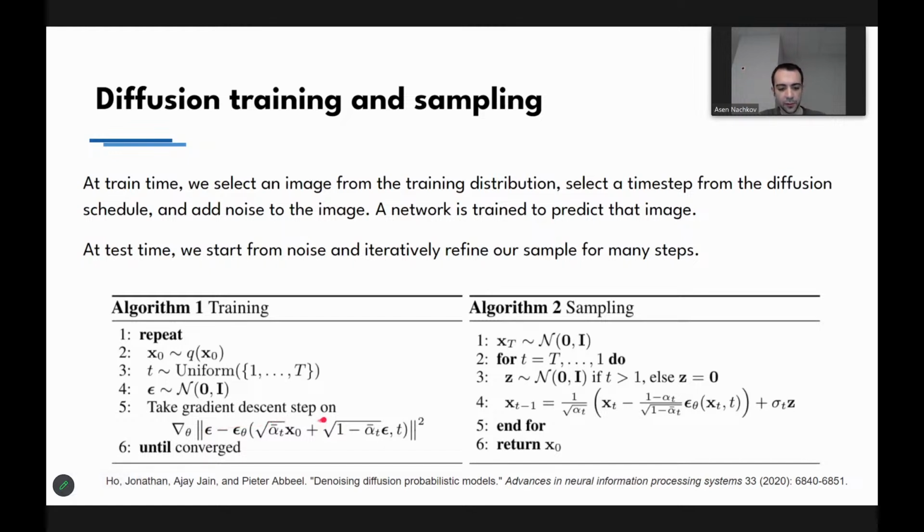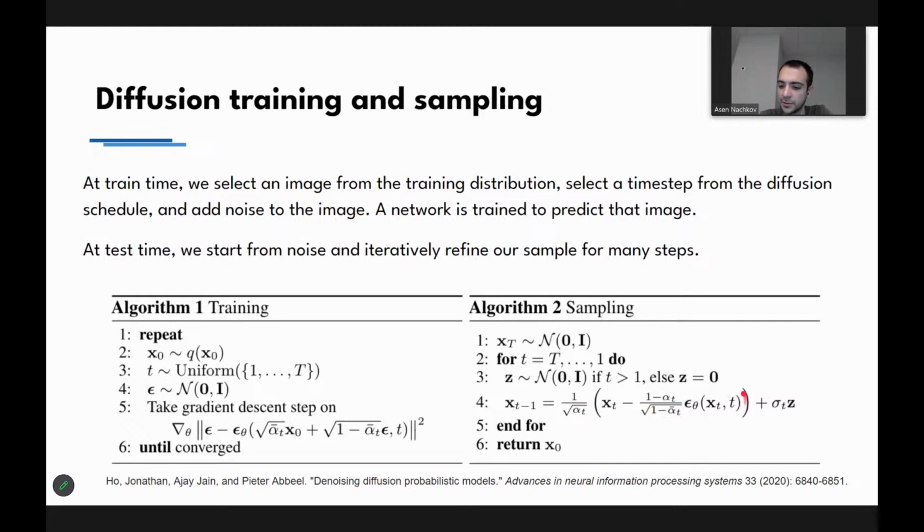It's pretty straightforward. Now for the sampling, again, we start from complete randomness from a normal distribution. And for t steps from capital T to 1, we call the model, which gives us an estimate of the noise.